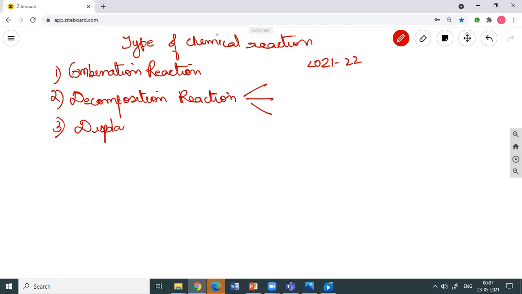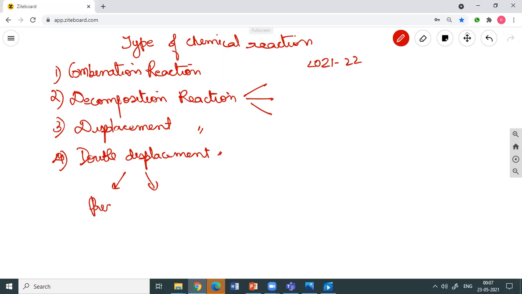Very interesting. The displacement reaction is very important also from the exam point of view. And the last one is double displacement reaction. So in double displacement reaction, we'll talk about precipitation reaction and neutralization reaction.